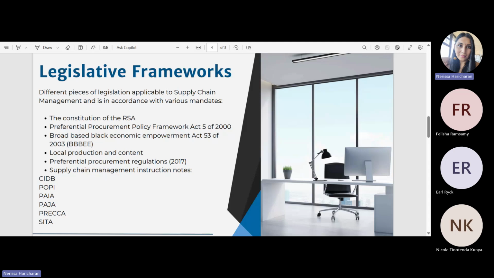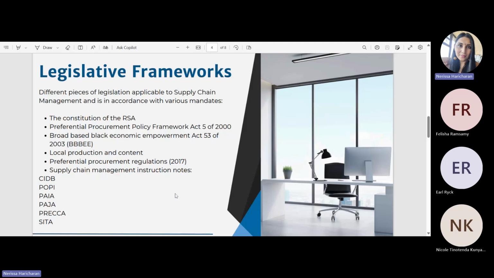So whether it is ways in which you can eliminate duplication, enhance your value for money, or promote IT governance. So SITA basically helps supply chain processes that involve anything from an ICT, information technology perspective. Okay.